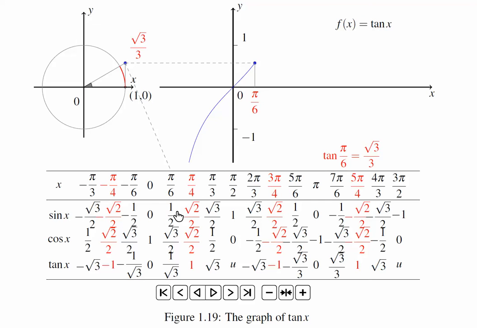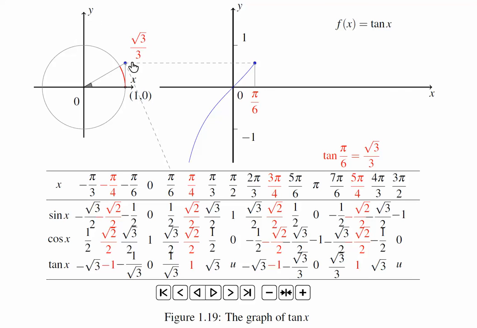Again, that will be 1/2 divided by radical 3 over 2, which is 1 over radical 3, because you cancel these two denominators. Then both numerator and denominator multiplied by radical 3 rationalizes the denominator: you have a 3, and 1 times radical 3 gives radical 3.